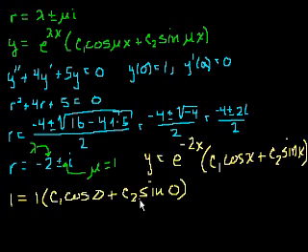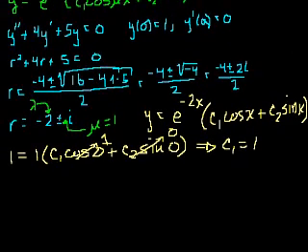Now what's sine of 0? Sine of 0 is 0. So this whole term is going to be 0. Cosine of 0 is 1. So there we already solved for c1. So 1 times c1 times 1 is equal to 1. So we get our first coefficient. c1 is equal to 1.